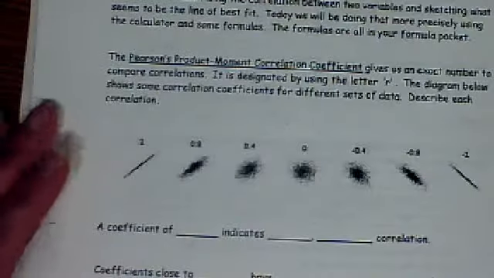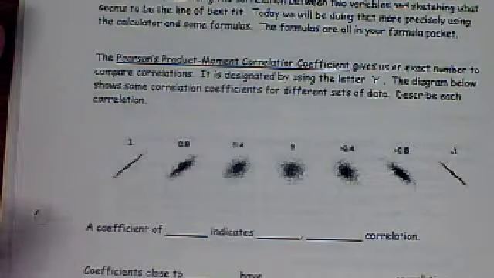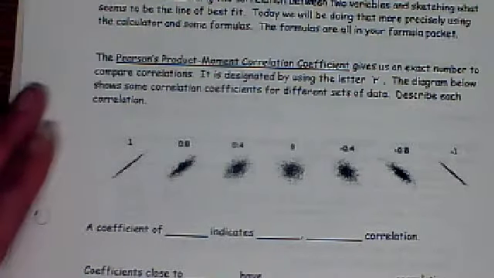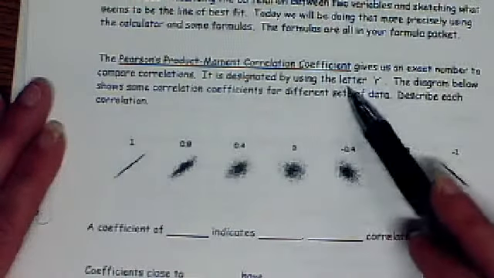Now, we've been talking about correlation and sketching that line of best fit. But there's also something else we can do to be a little bit more precise when we're talking about it. Your calculator can give you something called Pearson's product moment correlation coefficient.